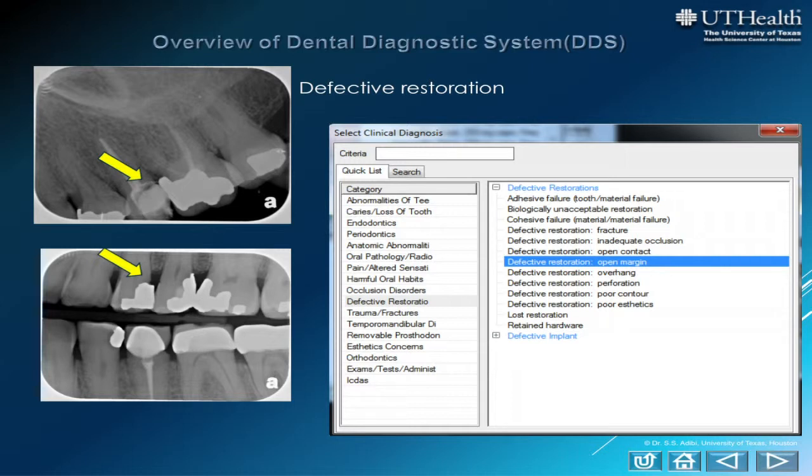Examples presented here are rather obvious ones. Often radiographs present with beam attenuation at the restoration to tooth interface. That makes evaluation of restorations to tooth structures a bit challenging.